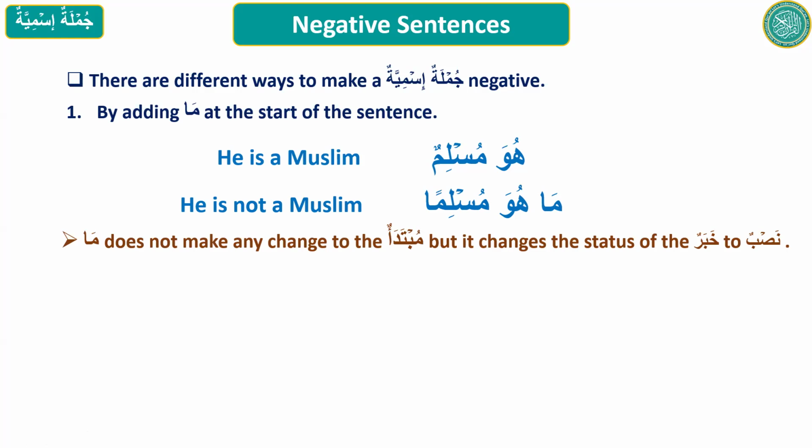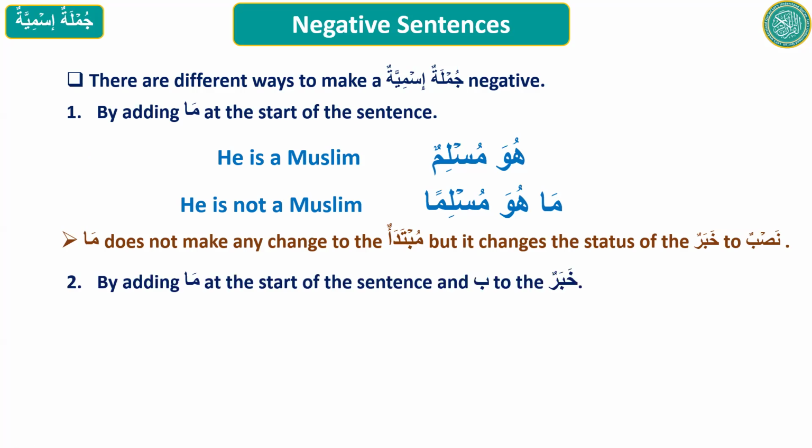Mubtada remains the same, like huwa over here. But it changes the status of the khabar to nasb. And that's what you saw here. So this is method number one to make a sentence negative. Ma huwa musliman means he is not a Muslim. There is another way.